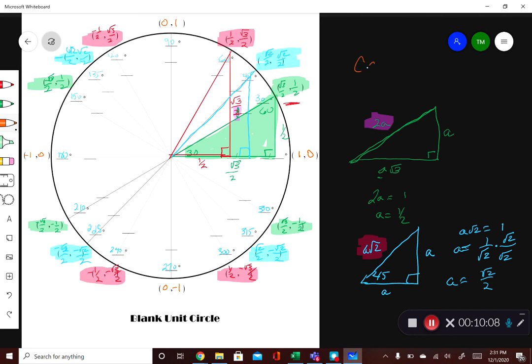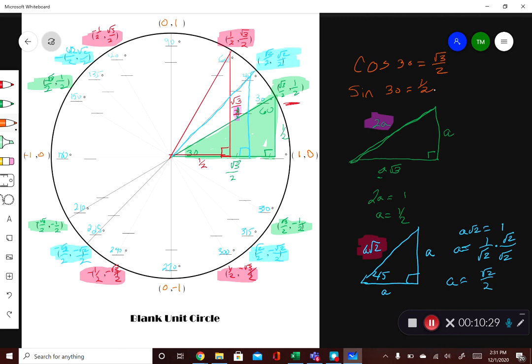So the cosine of 30 degrees is going to be equal to the square root of 3 over 2, that x coordinate. And the sine of 30 degrees is going to be equal to the opposite over the hypotenuse, which is going to be 1/2 over 1. So it's that y coordinate.